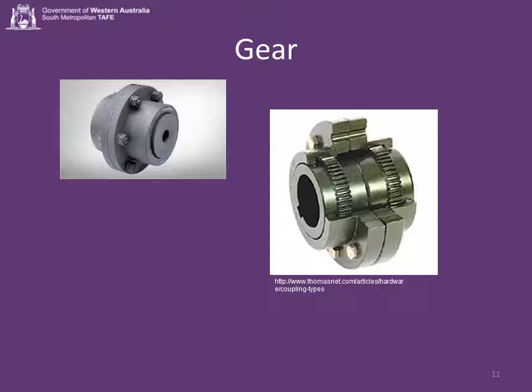Gear couplings transmit high torques. They have misalignment capacities generally about 1/2 a millimeter in parallel and 2 degrees in angular. Gear couplings are often used in pairs with spacer shafts to span the distance between driving and driven equipment. They sustain very high torque ratings. They're suitable for high-speed applications.